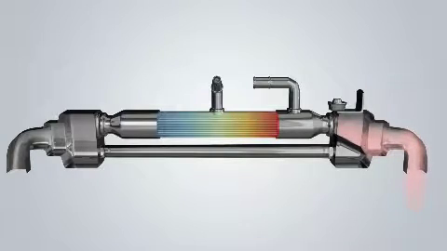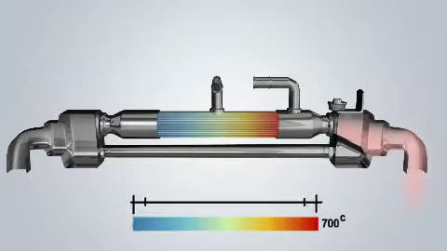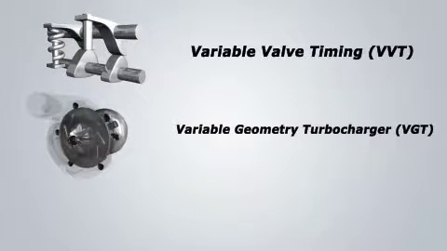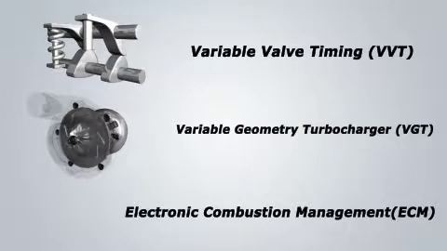Besides turbocharger, CRDI or EGR, there are several other technologies a diesel engine employs to enhance its performance, like variable valve timing or VVT, variable geometry turbocharger or VGT, electronic combustion management or ECM.